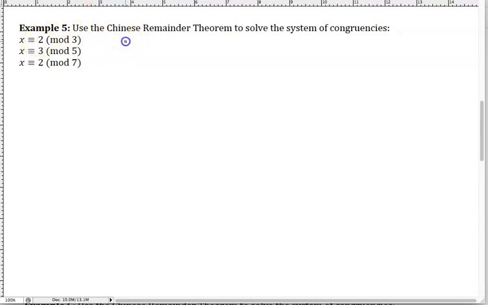I see that my separate moduli are m1 is 3, m2 is 5, and m3 is 7. So I'm going to first form the product of all these. M is 3 times 5 times 7, which is, I think, 105.